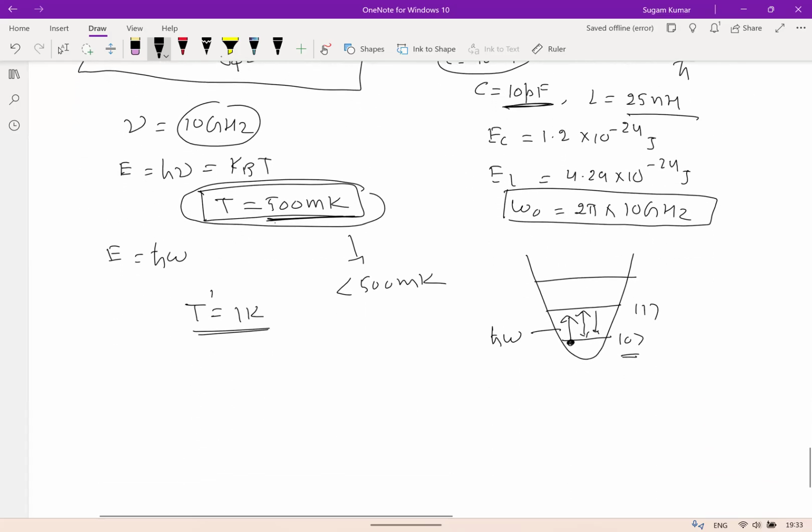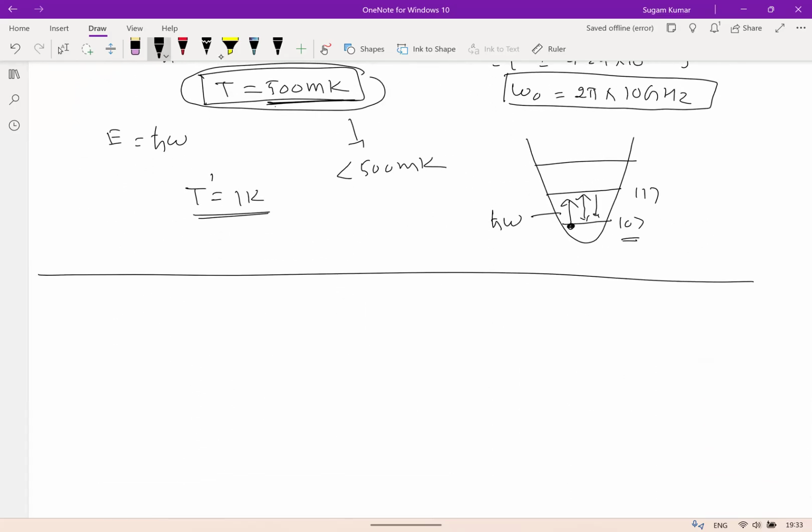So I have discussed this, and I told you that the energy levels are there, and these energy levels are now going to cause problems. The separation between the energy levels is equal, and this equal separation is going to create a problem, because if I shine photons, then all transitions will take place, which is not advisable.